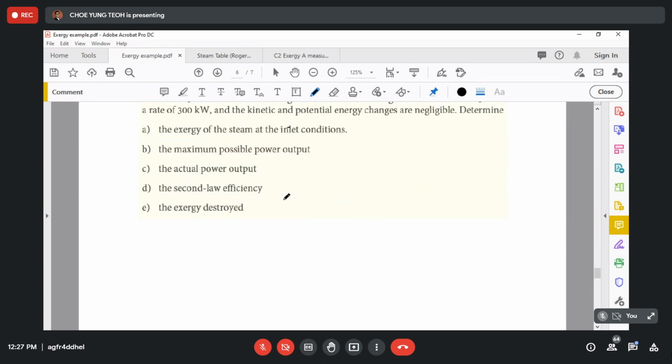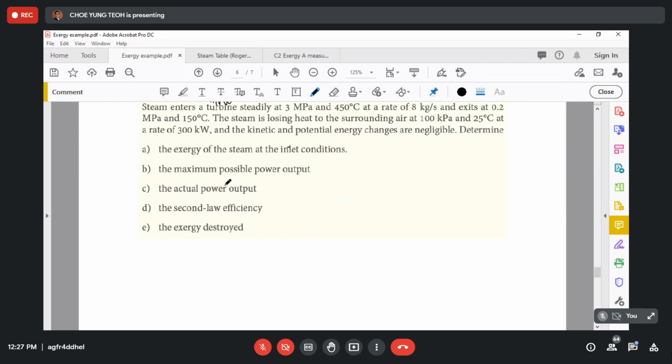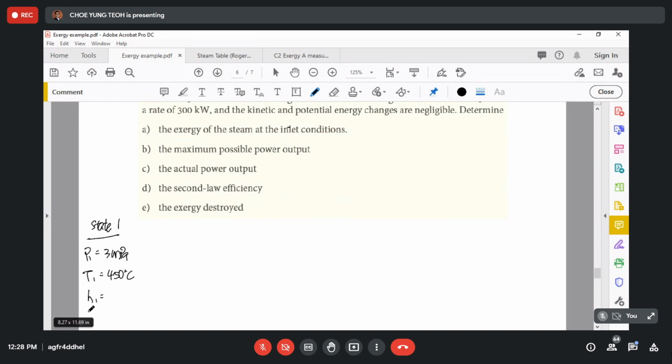So again, I need to draw out the information that I have. State one. This is the first step you need to do most of the time. Okay, pressure. Then this is a flow, so I need the enthalpy and entropy.